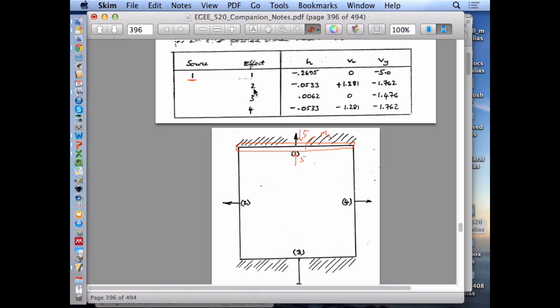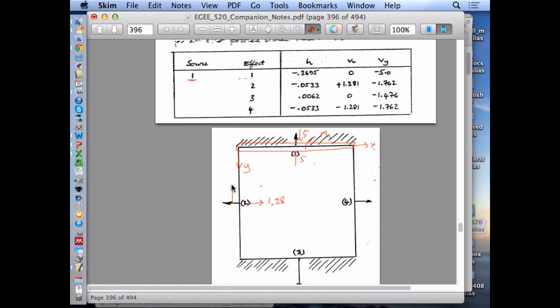It will give, at point 2, this is the x direction, a velocity of 1.28. These are just calculated from that equation. It has a velocity in y. The y direction is down here in this particular case.